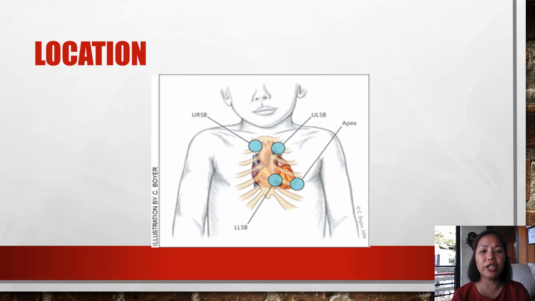In infants and children, the location of the murmur is stated as upper sternal border, left upper sternal border, left lower sternal border, and apical area due to the small chest of the child. Unlike in adults where we say second intercostal space mid-clavicular line or fourth intercostal space at the parasternal area and so on.